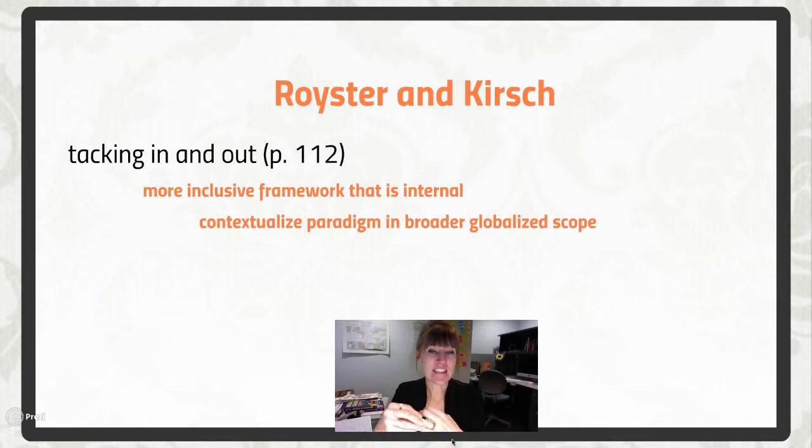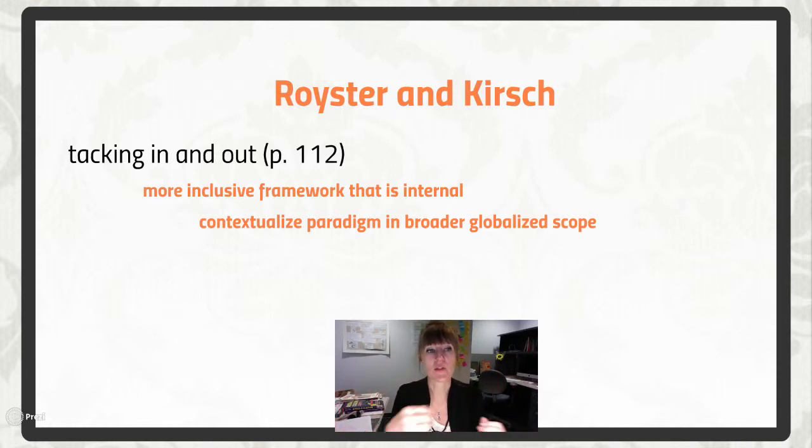So a lot of feminists today, and we can see a lot of this being influenced by Royster and Kirsch, whose article came out in 2012, ask how do we become more inclusive? How do we include more women of color, more women with different experiences, more women with different voices? How do we account for the variations of life that women experience in a theory as a way to then make a lot of things better?